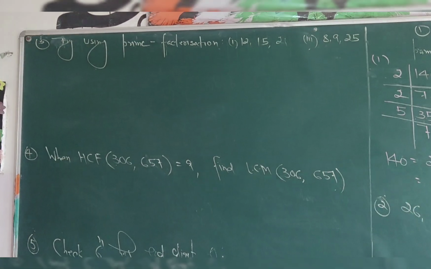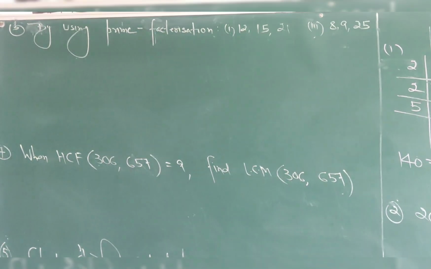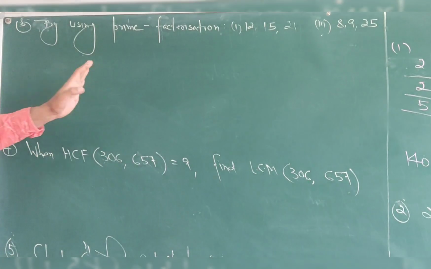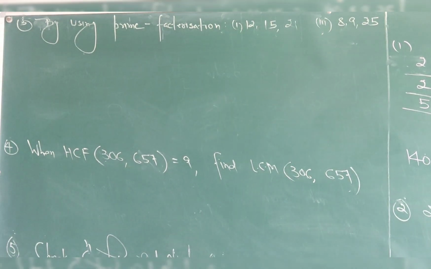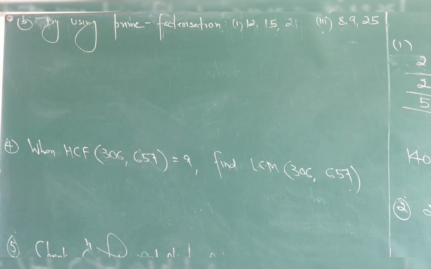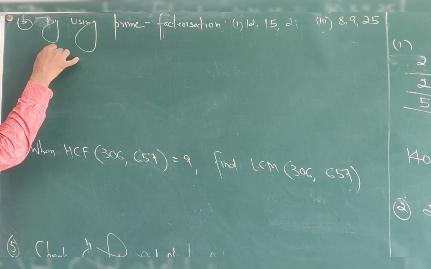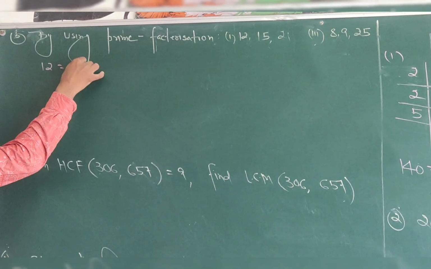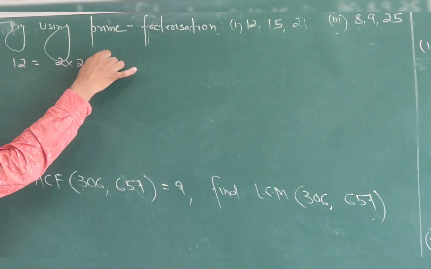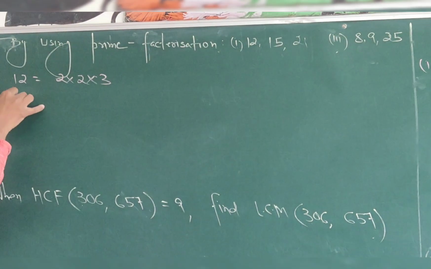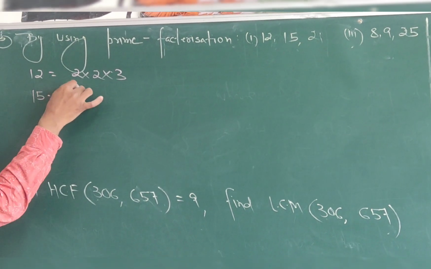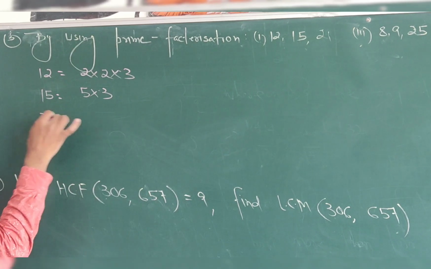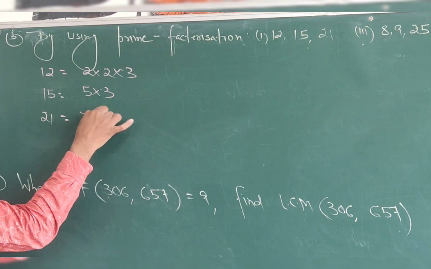So first of all, using the prime factorization method, we find the highest common factor of 12, 15 and 21, and after that we find the LCM, that is least common multiple. 12 can be written in prime factorization as 2 multiplied by 2 multiplied by 3, and 15 can be written as 5 multiplied by 3, and 21 can be written as 7 multiplied by 3.